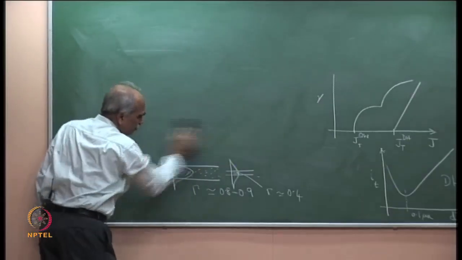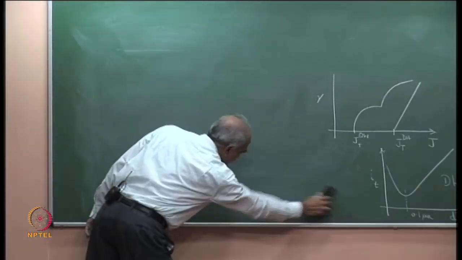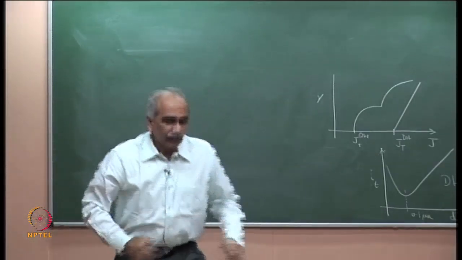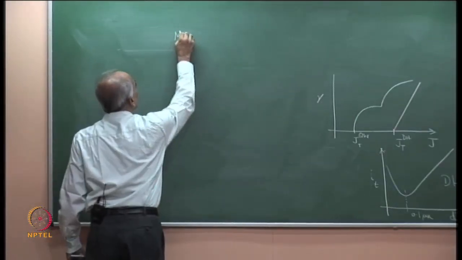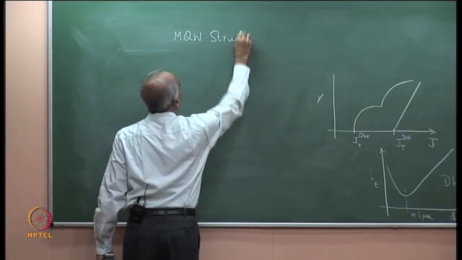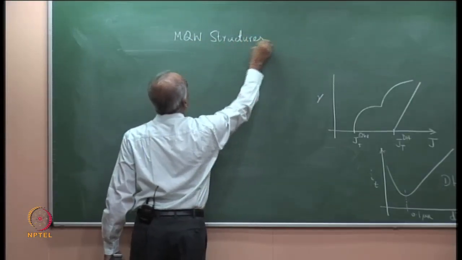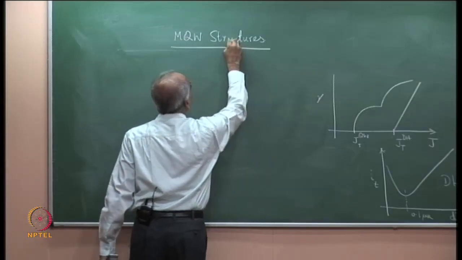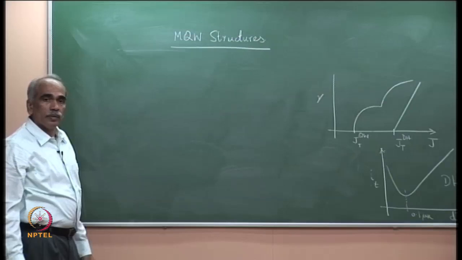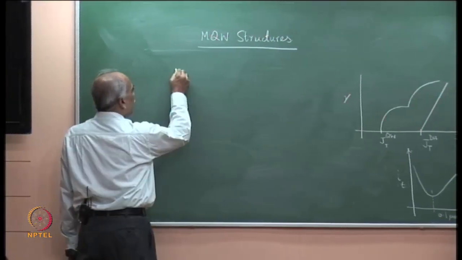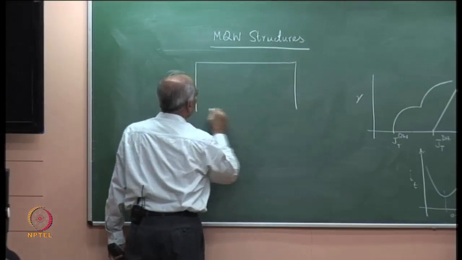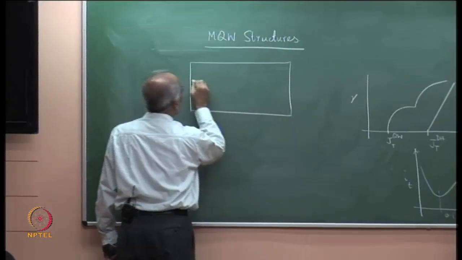One last point with quantum well lasers is multiple quantum well structures, MQW structures. This is the last point I want to discuss for quantum well lasers. The active region of a general laser today comprises of MQW.